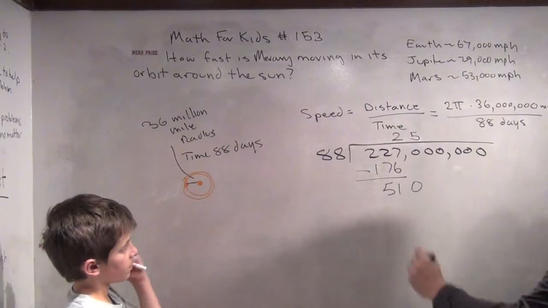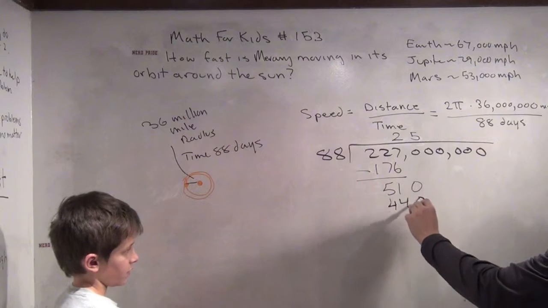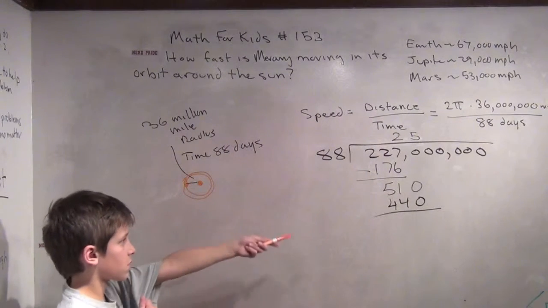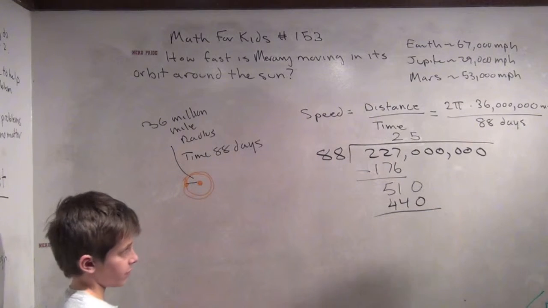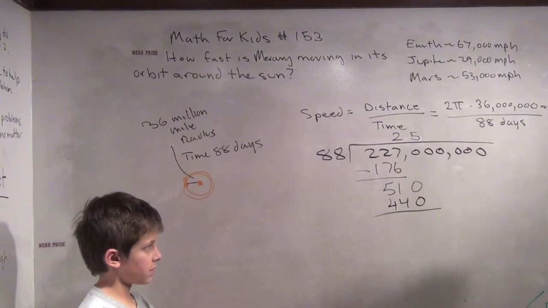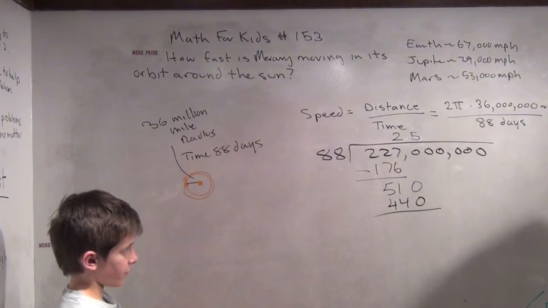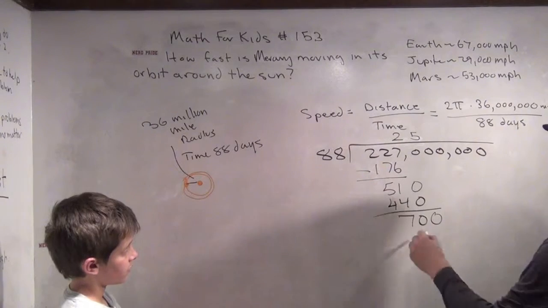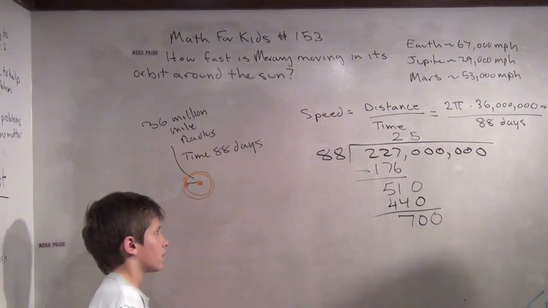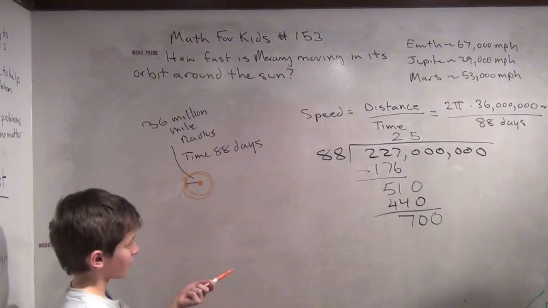So that's 400 plus 40, 440. And what's 510 minus 440? 10 minus 40 is minus 30. So 100 minus 30 is 70. Okay. Now let's do one more. 88 into 700.